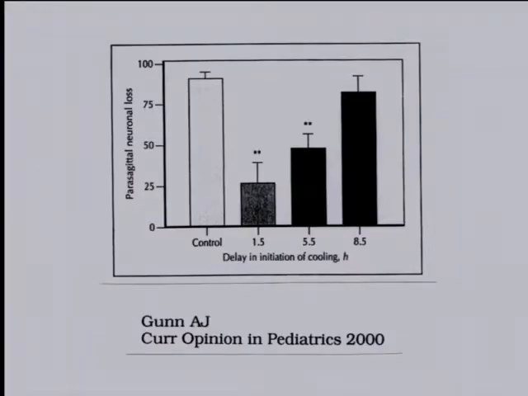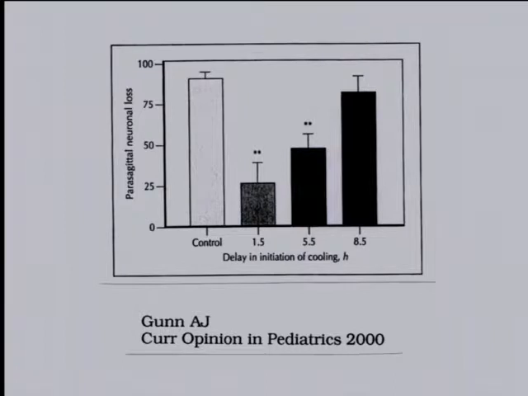First, we learn that when you delay cooling, the effect of cooling will be less and less. In this graph from Alistair Gunn, using animals, he clearly showed when you treat these animals very early, 1.5 hours after the injury, you can reduce the number of cells which are dead and lost from about 90 to about 30%.